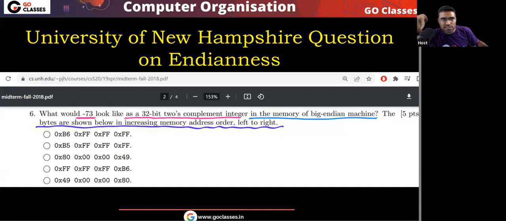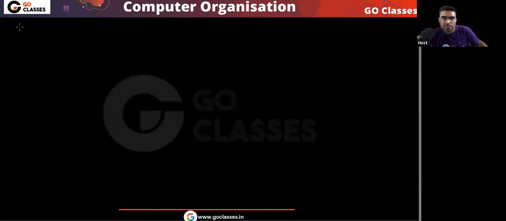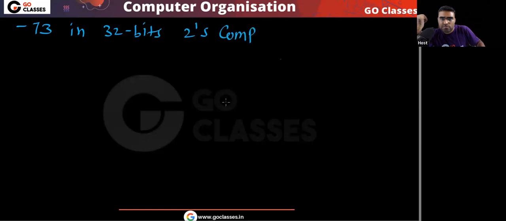First of all, you convert this minus 73 into 32-bit 2's complement. First, let's find out minus 73 in 32 bits, 2's complement representation.